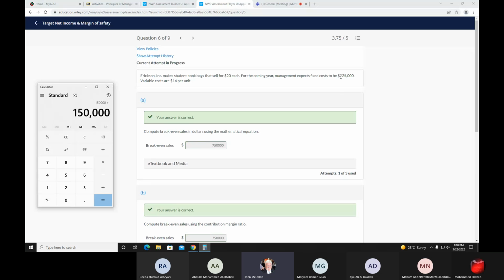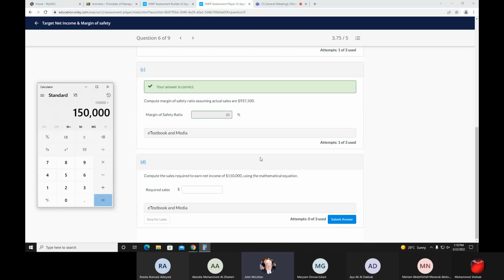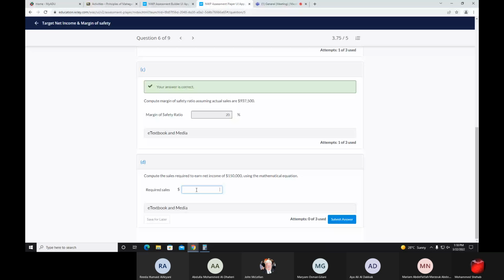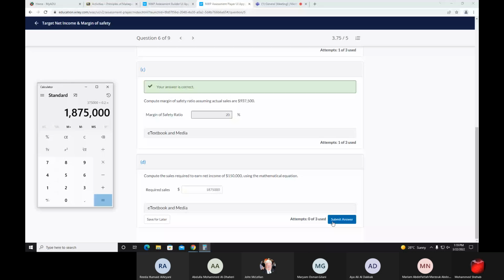So now you add the target net income to the fixed cost and divide through by the contribution margin ratio, and you come up with the required sales.